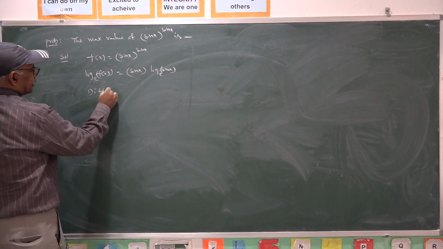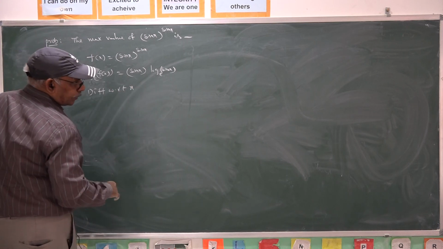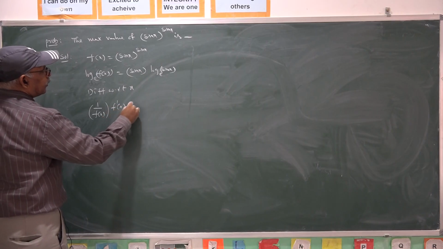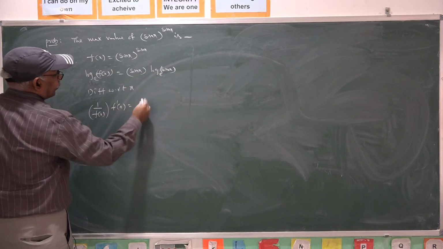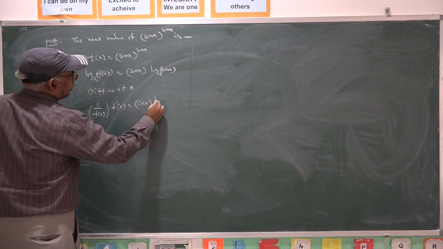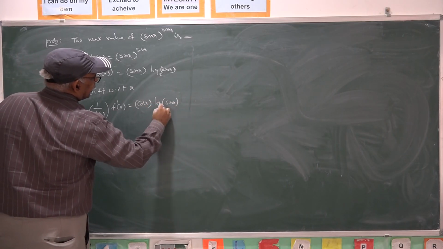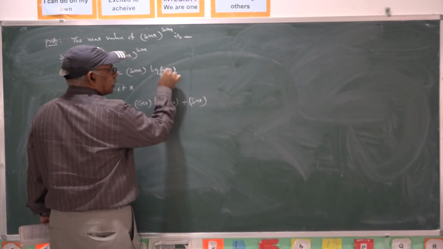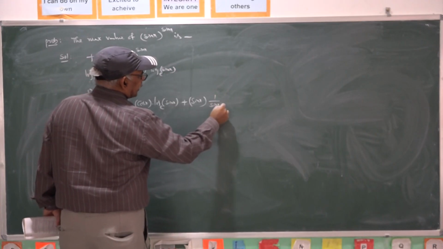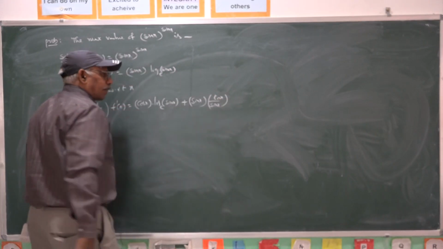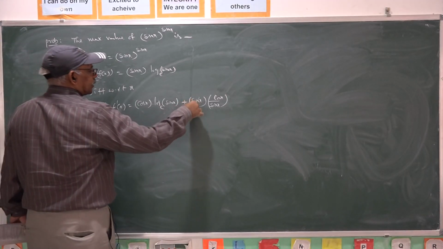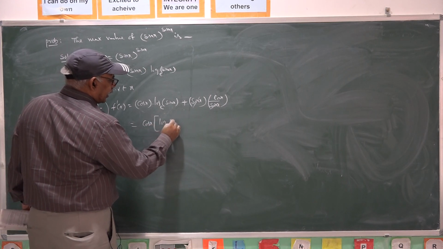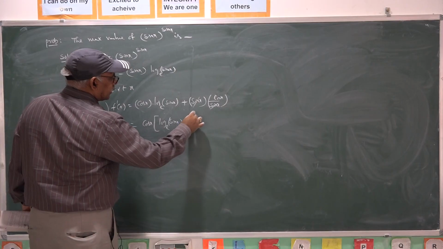Differentiating with respect to x, logarithmic differentiation, 1 by f(x) into f dash x, the derivative of f, by product rule is sin x derivative cos x into log sin x to the base e plus sin x into derivative of log sin x, 1 by sin x into cos x. So you can remove this sin x. Taking cos x as common, we get cos x into log sin x to the base e plus 1.